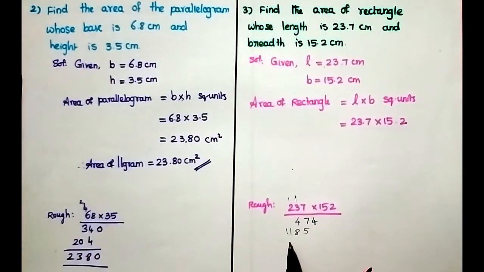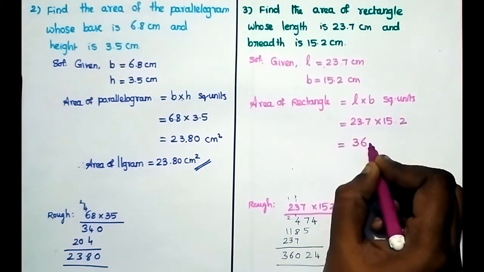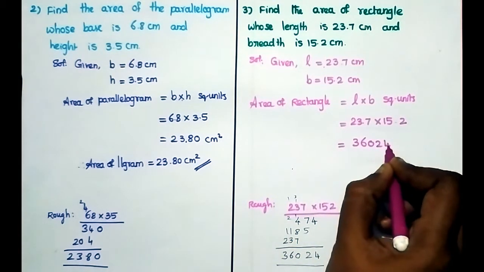And first table, same number we have to get. Listen, 4, 7 plus 5, 12. Carry over 1. 5 plus 8, 13 plus 7, 20. 6 here 3. 3 6 0 2 4.